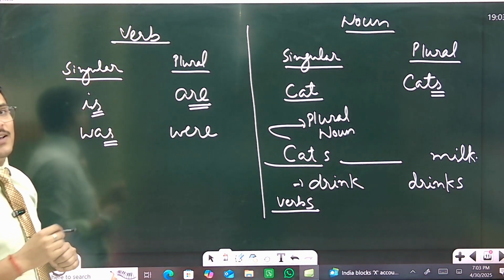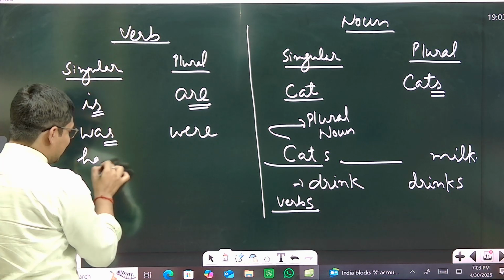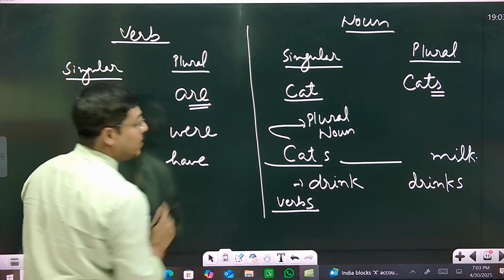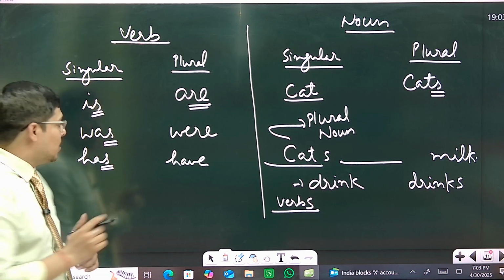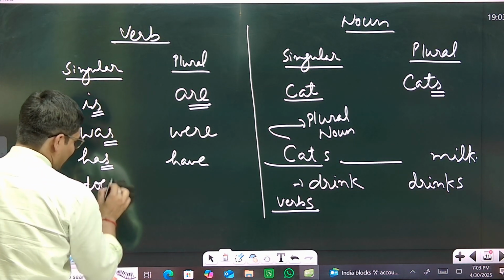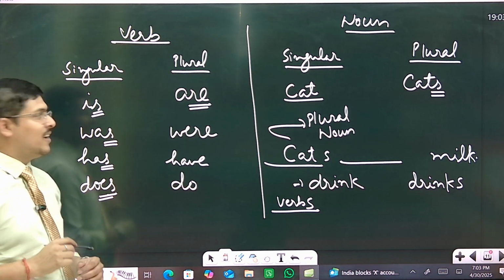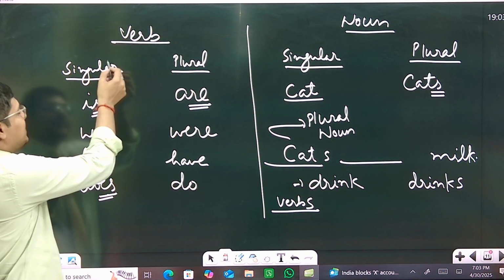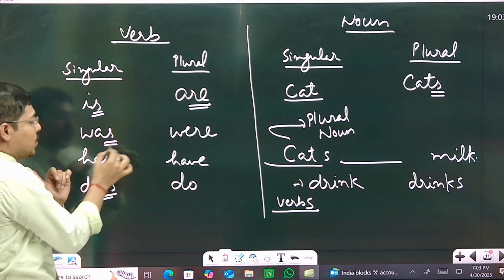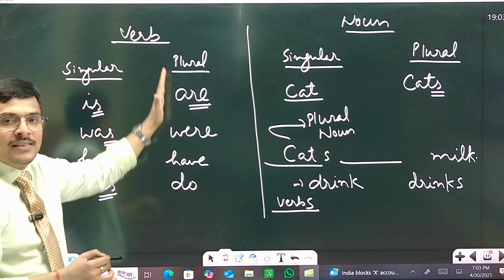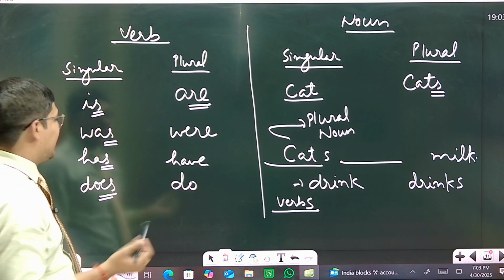Have, which one is singular? Has. Ending on s. Have is plural. Does, which one is singular? Does. Can you see, all the verbs that are singular end on s or es? Whereas plural verbs do not end on s or es.